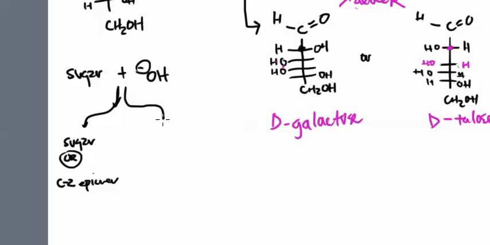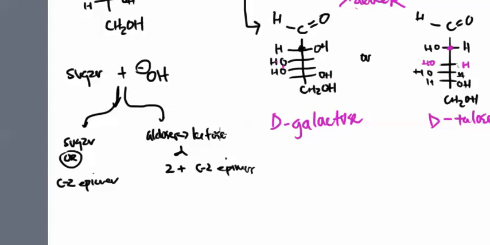The other route that can happen is that the sugar can rearrange on itself, and I can go from an aldose to a ketose or vice versa. And when this happens, I basically get two more C2 epimers. Okay, and that's exactly what we've done here in this example.